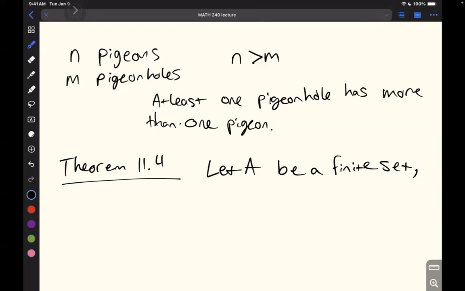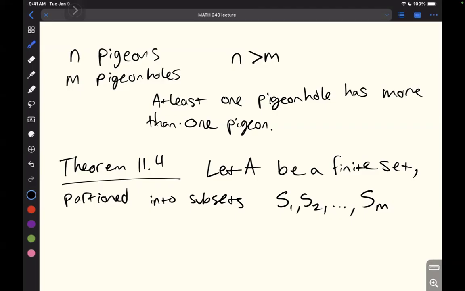And we're going to partition A into subsets, and we'll just say that they are called S1, S2, and so on up to SM. Right? So we've got this big long set and we've chopped it up into subsets, and there are M of those subsets.